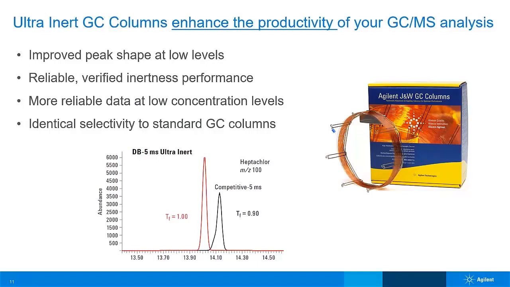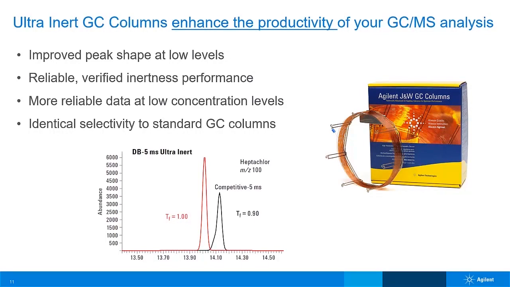Ultra-inert columns are the latest generation of GC columns. This is Agilent's proprietary technology for deactivation and eliminating active sites. It shows improved peak shapes at low levels for acidic compounds, for example, so that you get better sensitivity under the same conditions compared to a non-ultra inert column. It's reliable, it's very inert overall, and you will have more consistent data over time, which is the aspect I want to emphasize in this webinar.